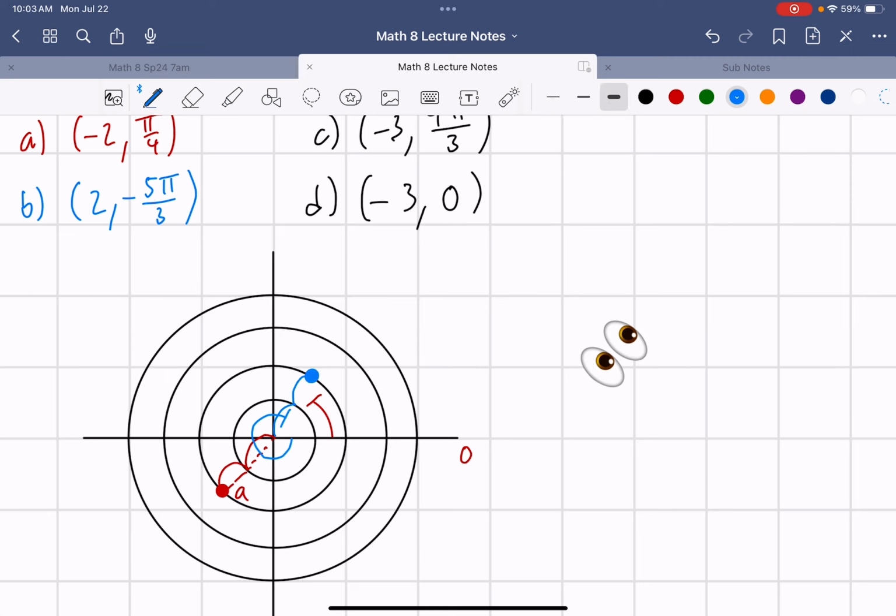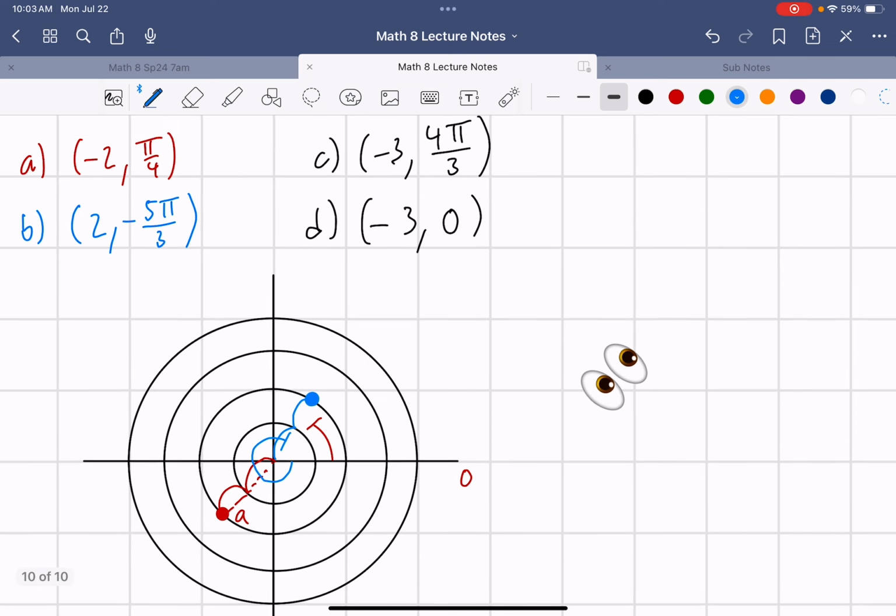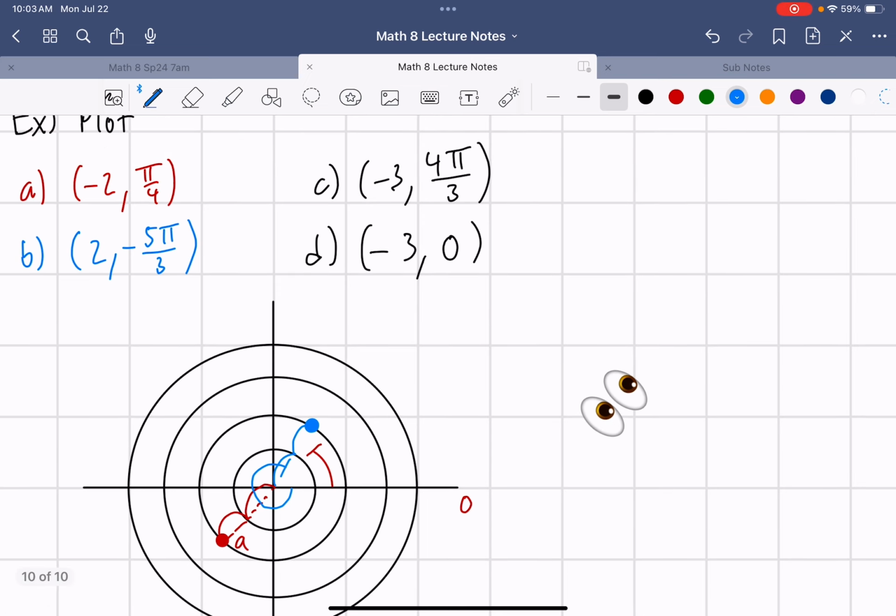And again, I'm doing this by hand, so nothing's perfect. But hopefully you're understanding how I'm getting to these positions. I'm going to do it with tally marks. So I'm going out as far as 2. And there's my point. I'm sorry if you're hearing background noise. There's a lawnmower outside.